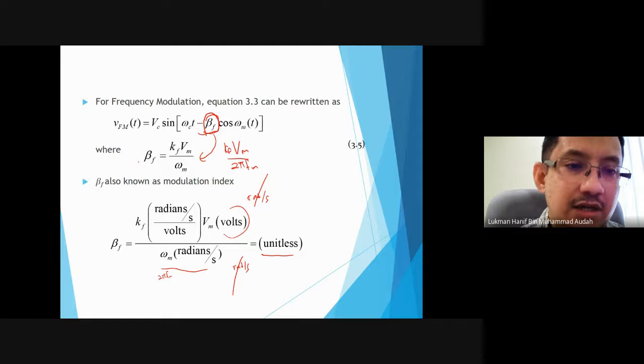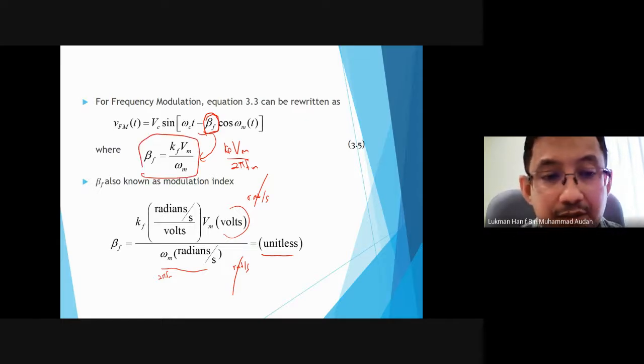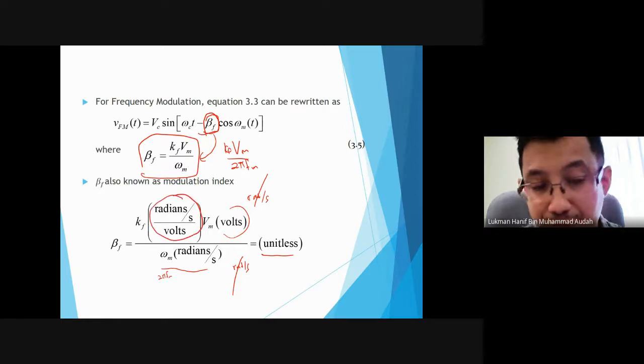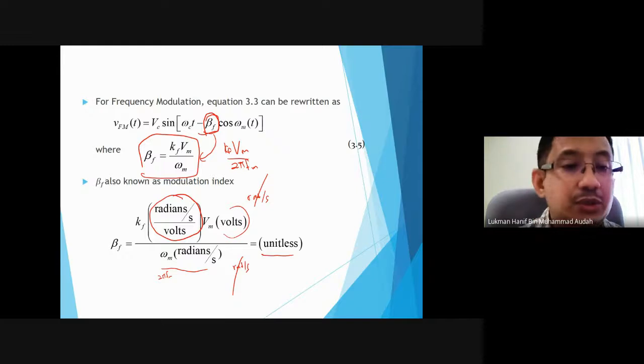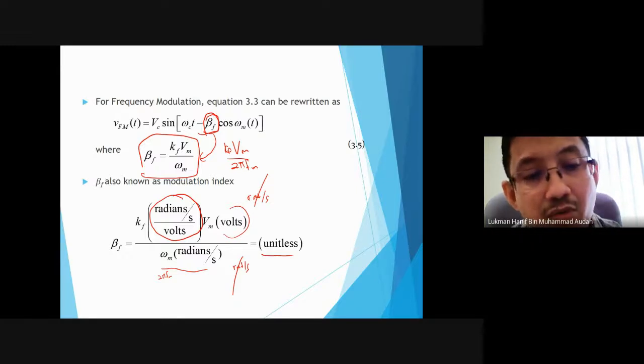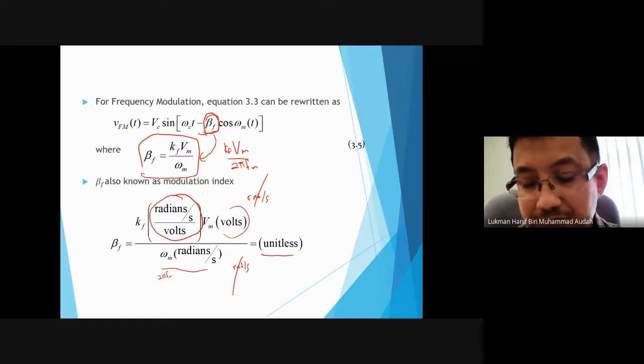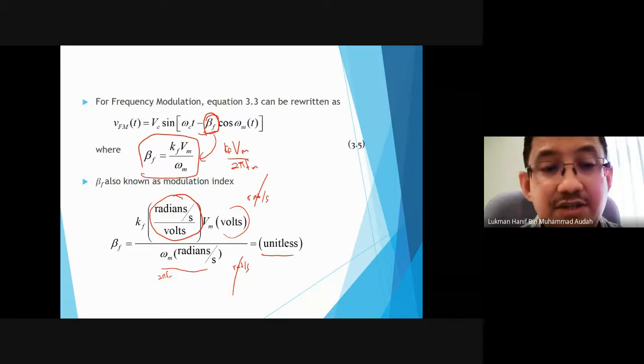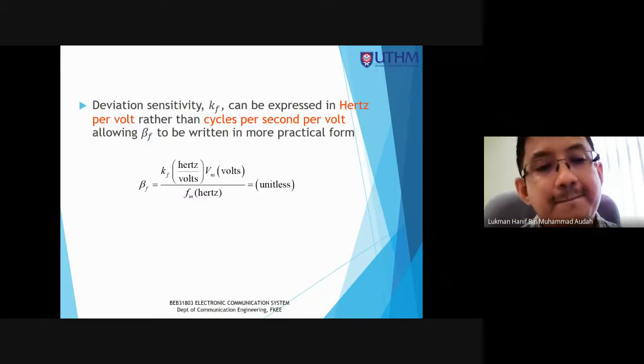Ini adalah nilai beta f. Dan untuk ini, nilai kf adalah bersamaan dengan radian per second per volt. So you're going to see later what happens if kf is equal to hertz per volt. Kita boleh juga tulis dalam sebutan yang sedikit lain, seperti ini. Nampak?